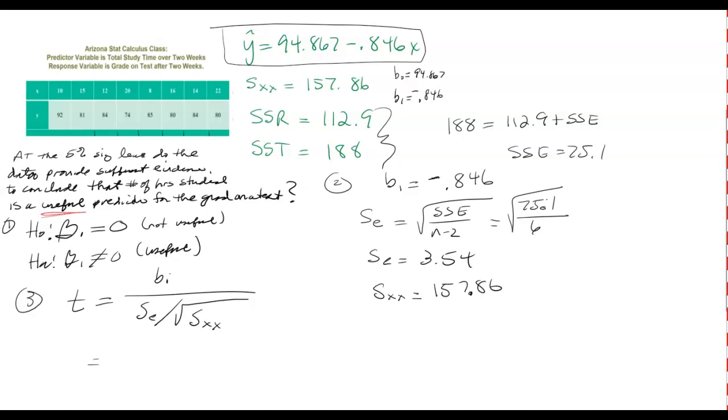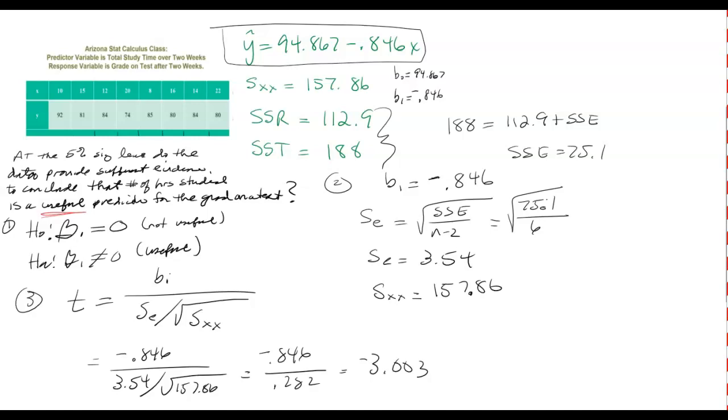So our slope, of course, was negative 0.846. SE is 3.54 over the square root of 157.86. Go ahead and get that. So I got negative 3.003, and of course, if I made a mistake, you can send me an email. I'll fix it.